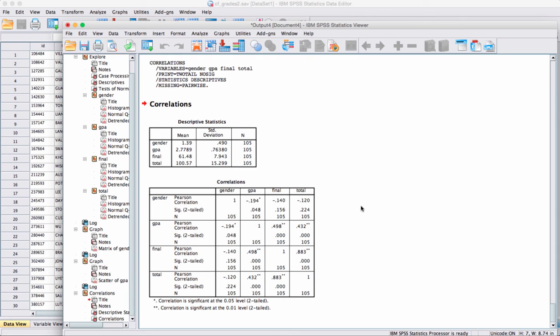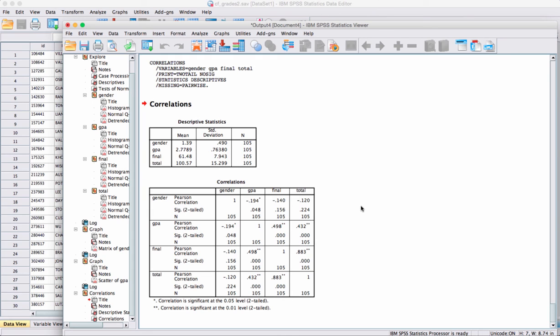Gender, because it's male versus female and is correlated with an interval level variable such as final and total, would be considered a point biserial correlation. So make sure that you write about those and interpret those correctly in your report.